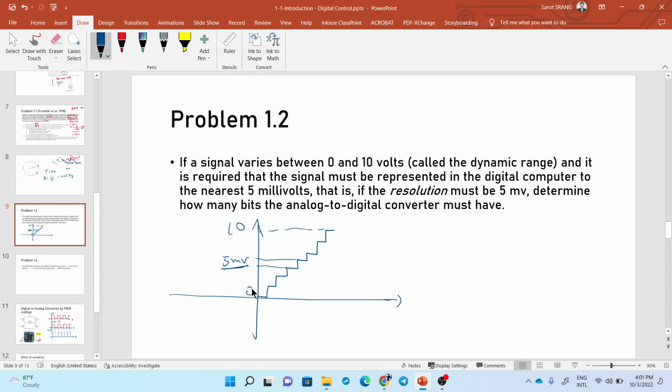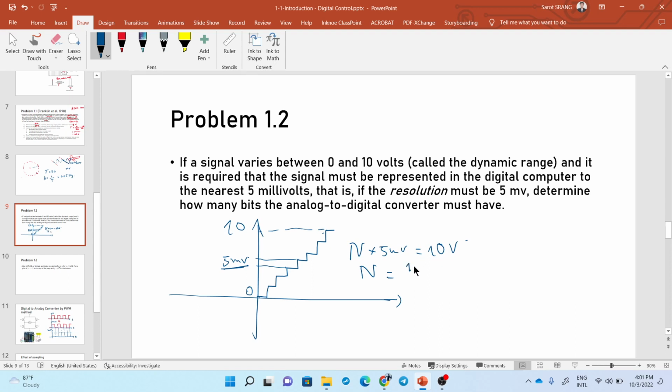So from the range from 0 to 10, how many steps of 5 millivolts? You understand the point? So you take 5 millivolts times what number to get 10? So it means N times 5 millivolts equals 10 volts. So you find N first. What is the value of N?